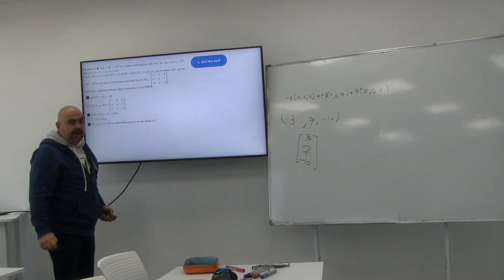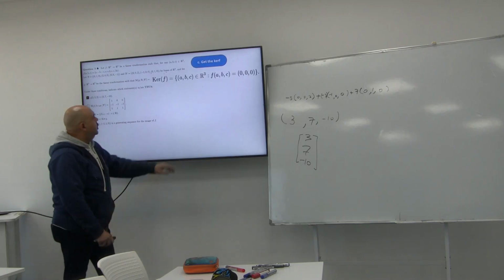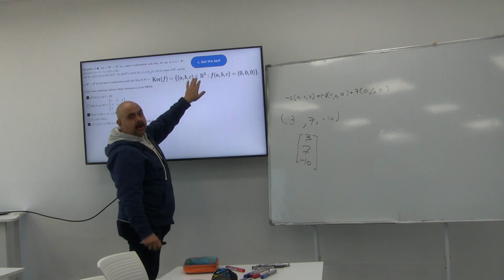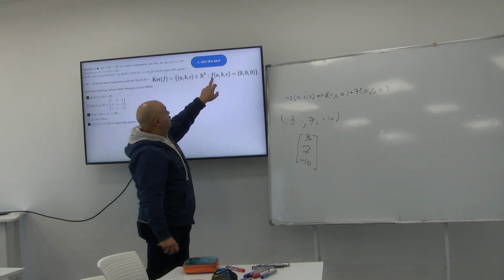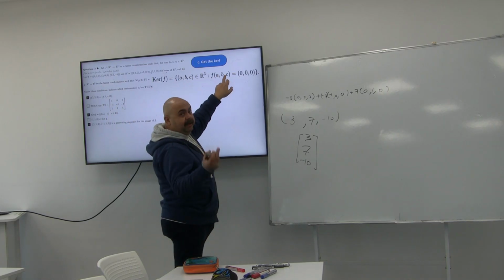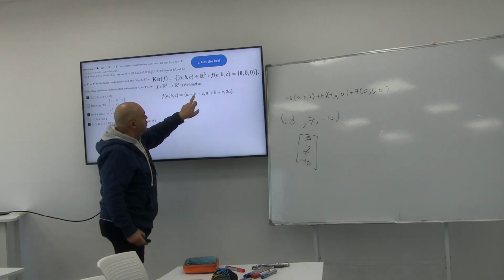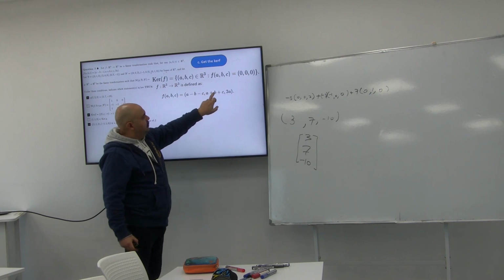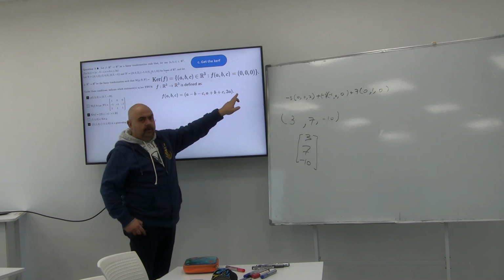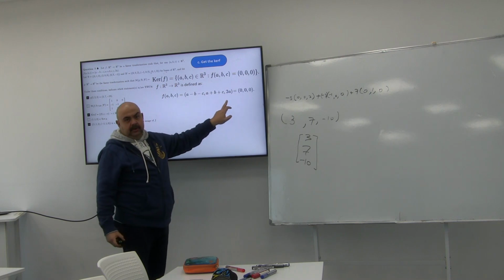So to get the kernel of f, all I have to do is take A, B, and C belonging to R cubed, such that the image equals zeros, which means that A minus B minus C, A plus B plus C, and 2A should all equal 0.